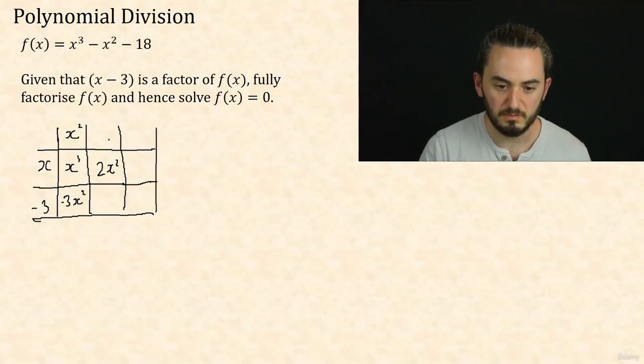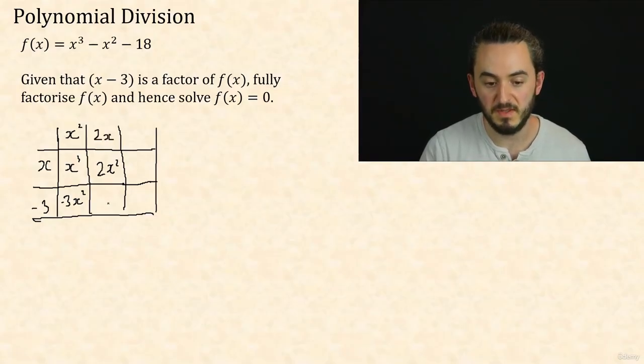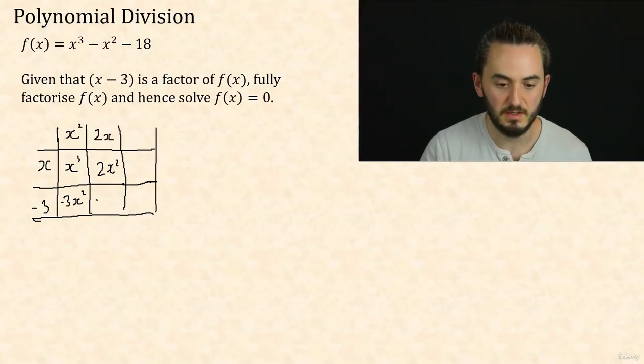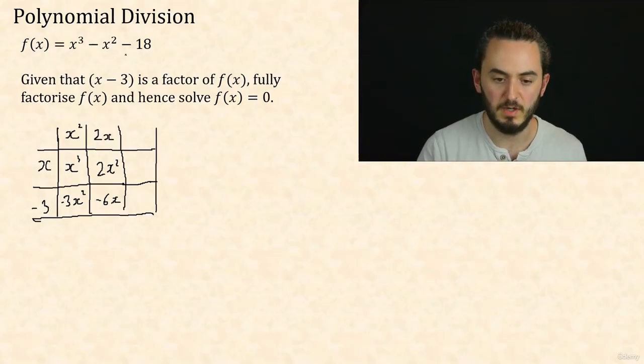Now what does that mean for the space up here? Well, x times what is 2x squared? Well, x times 2x. Now I can fill in this box here, because it's 2x times minus 3, which is minus 6x. Now what am I aiming for? I'm aiming for no x's.